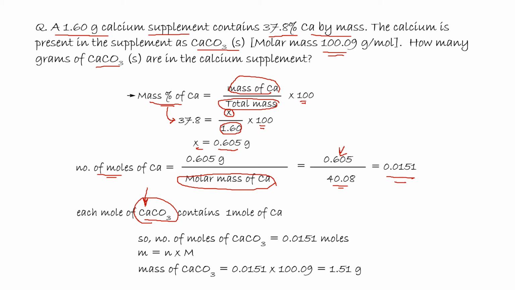So the number of moles of calcium carbonate will be equal to the number of moles of calcium, 0.0151 moles. The mass of calcium carbonate will be the number of moles times the given molar mass of calcium carbonate, which makes the calcium carbonate 1.51 gram.